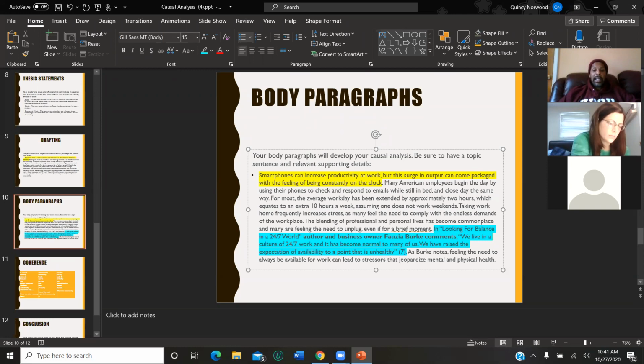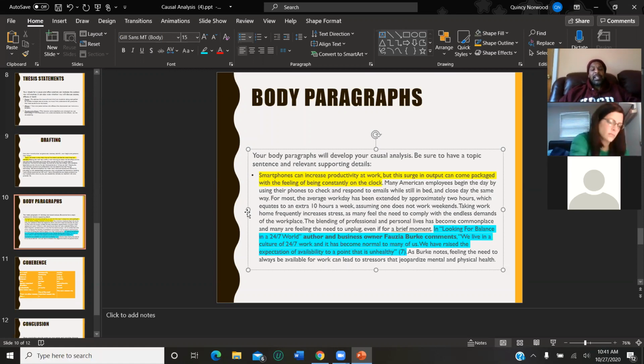All right, meaning you make this point, and then the quote is kind of saying, well, if you don't believe me, here's the words of this expert. All right. But again, the majority of your essay should be your own words. And for us, we have an advantage with technology, meaning we can see our own Turnitin percentage.